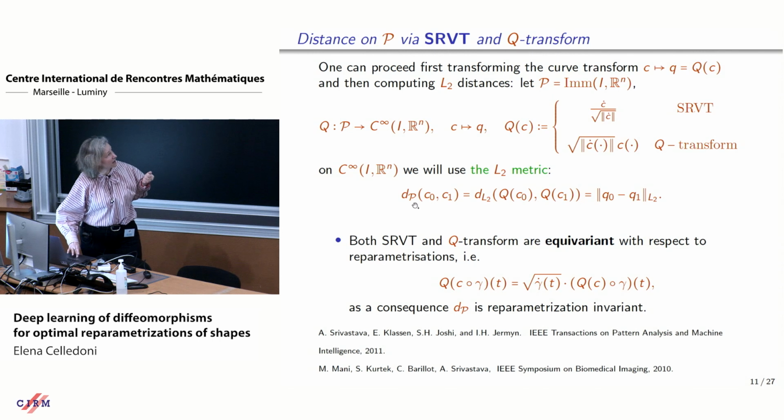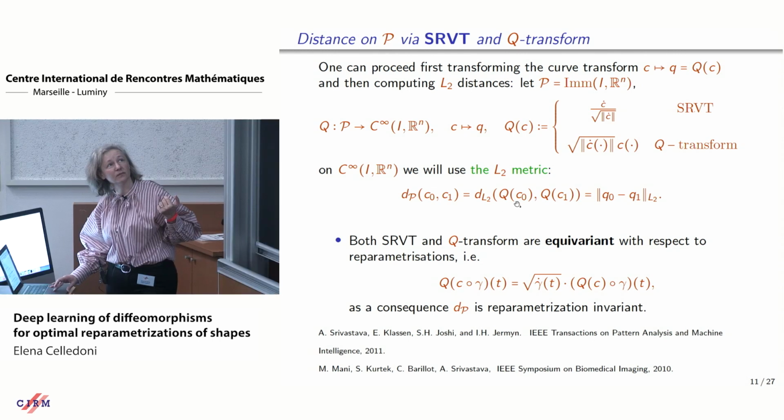The reason is that the d_p here, the distance that you get, is reparametrization invariant. And this corresponds to the fact that the two transformations here, Q, that define Q, are so-called reparametrization equivariant.